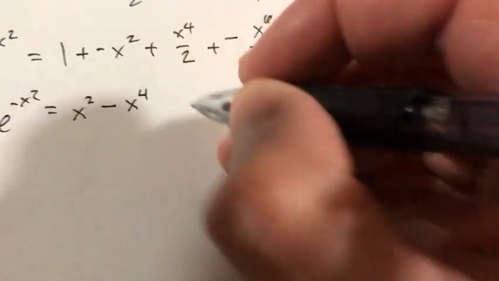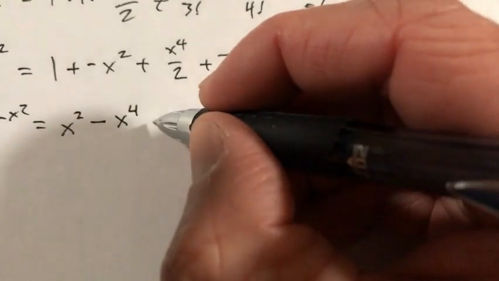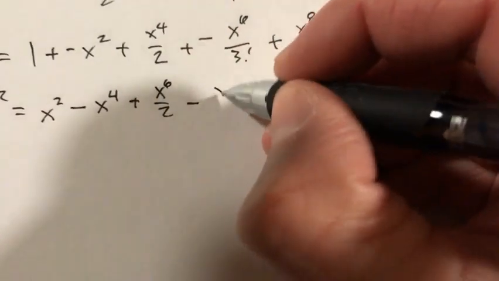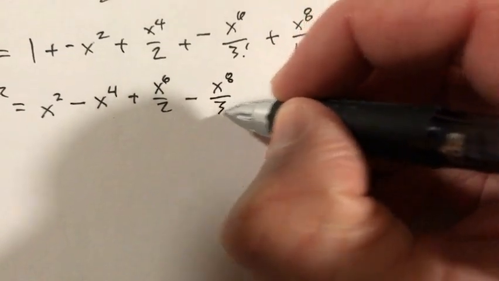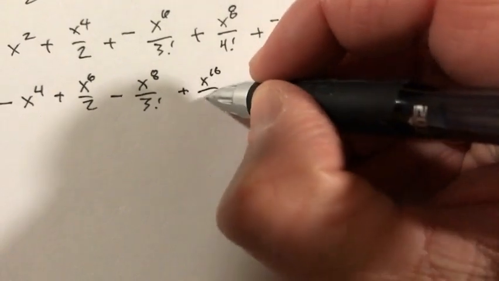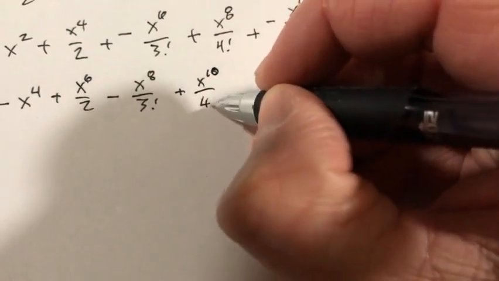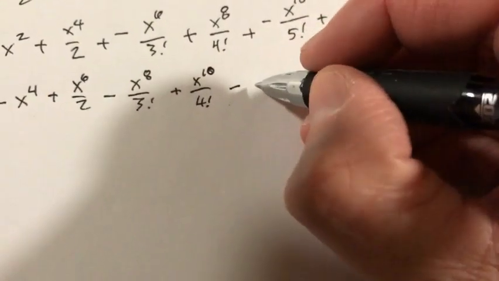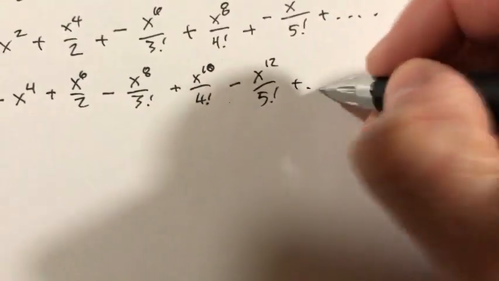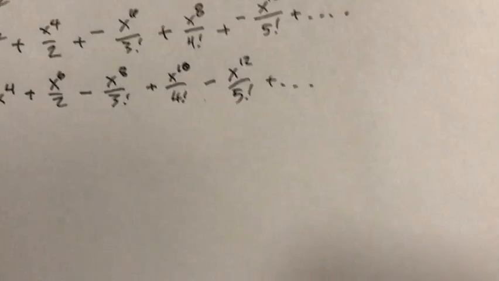This is x to the fourth now that I've multiplied by x squared. This is plus x to the sixth over 2 minus x to the eighth over 3 factorial plus x to the 10th over 4 factorial minus x to the 12th over 5 factorial plus some stuff.